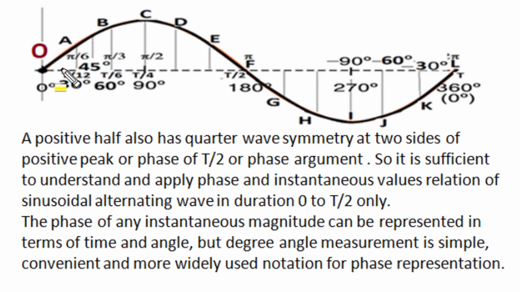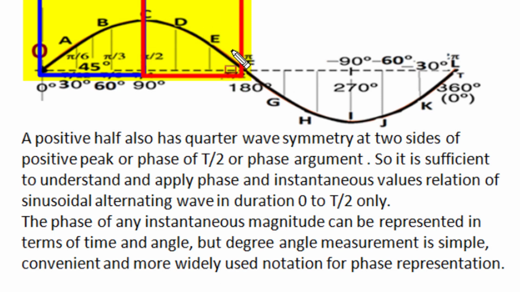In this standard sine wave, positive half cycle also got a quarter wave symmetry at two sides of this positive peak at instant C, in first quarter shown by blue frame and in second quarter shown by a red frame. The instantaneous values got symmetry at both sides.